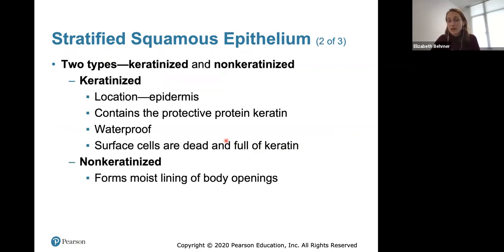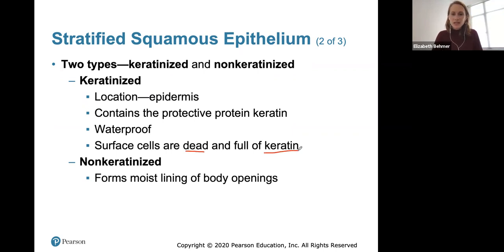We can have keratinized or non-keratinized. Keratinized stratified squamous is located in your epidermis, which is the surface of your skin. It contains the protective protein keratin. It's waterproof, and the surface cells are dead, and they're filled with keratin, which is this protective protein.